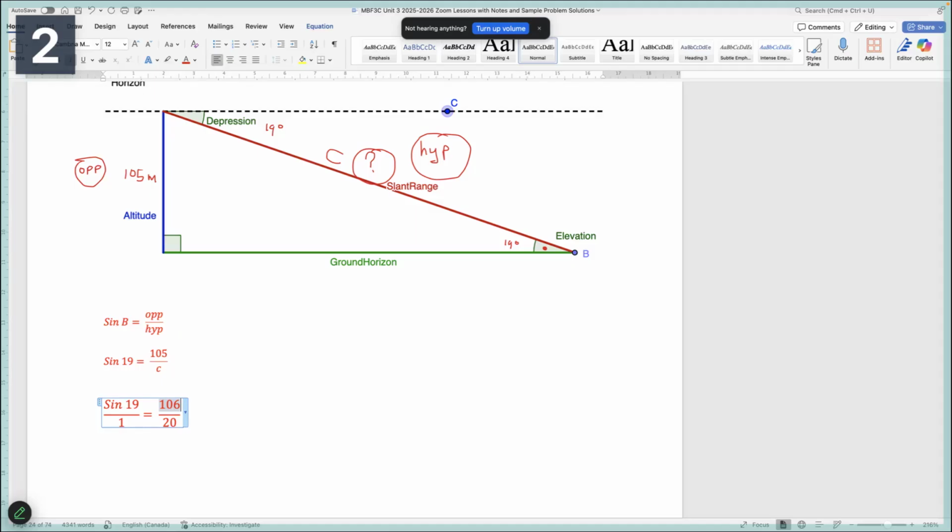This is behaving poorly. So C equals, I'm going to have to insert an equation. Let's just do it this way. Make a copy of that and then paste it down here.